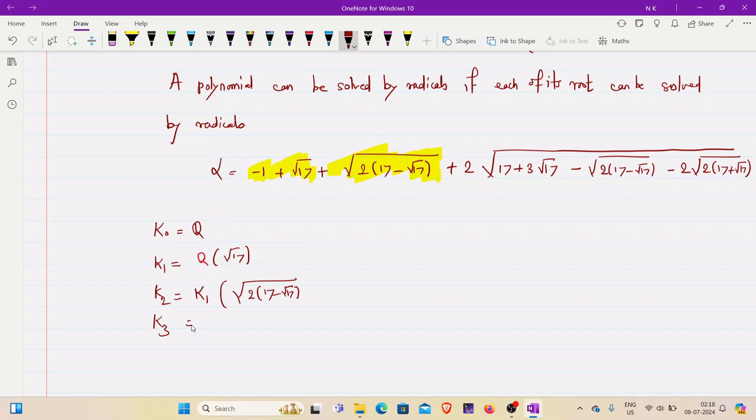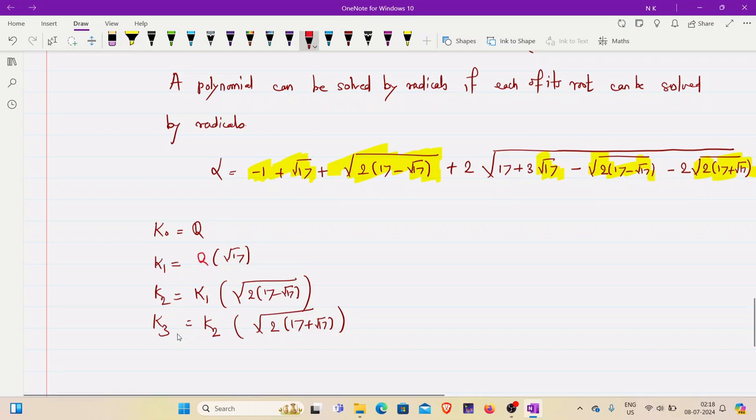K3 can be obtained by attaching to K2 square root of 2 times (17 plus square root of 17). This is done so that this particular square root is taken care of. Now this is also taken care of, root 17 is also taken care of. Okay, so all these have been taken care of.